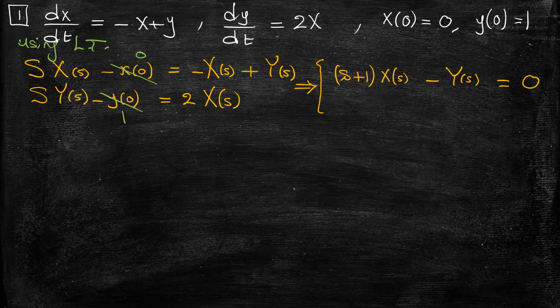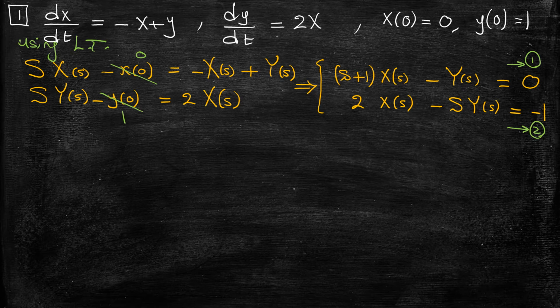The other equation has 2x of s, minus s multiplied by y of s, and moving everything to the right side we end up with equal to minus 1 on the right-hand side. Here are the two equations. This is equation number 1, this is equation number 2. We need to solve both equations.